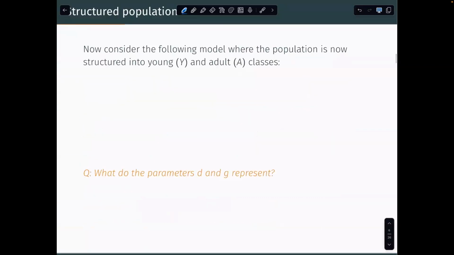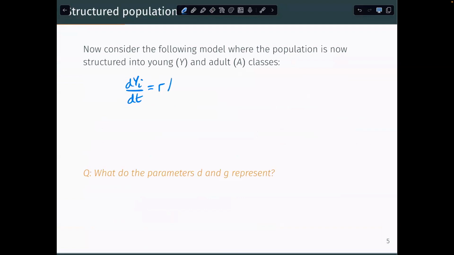Okay, let's think about a slightly different variation on this idea. So what happens now if our population is split into young and old individuals, or young and adults? I'll also sometimes refer to the young as juveniles. Okay. So suppose now dyi/dt is going to be the population density of young individuals with phenotype i.